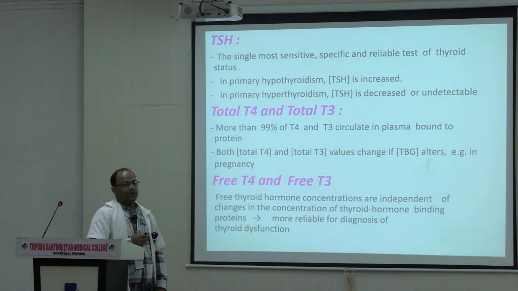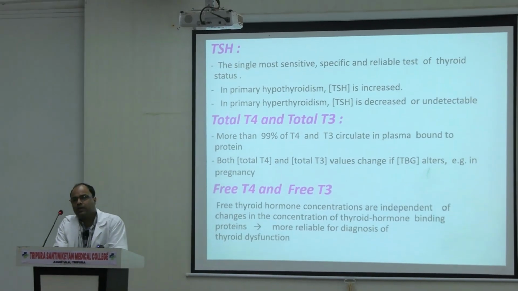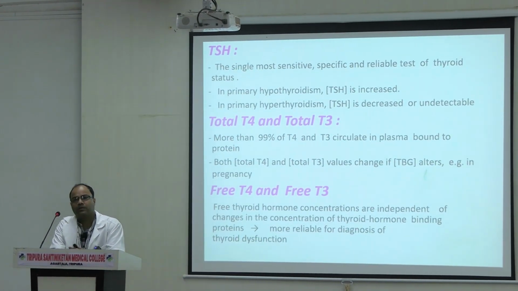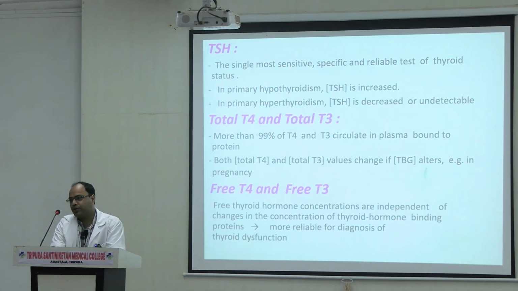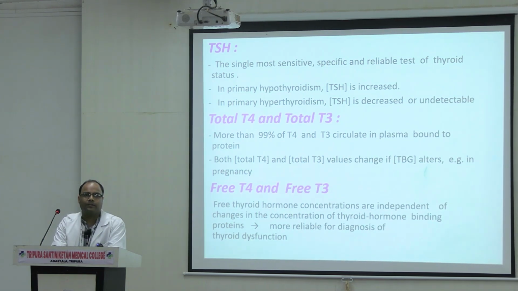This is the reason TSH is nowadays taken for screening of thyroid status. Sometimes a poor patient comes to you. You don't have to write everything. Just write one thing, TSH, because this is the most sensitive and specific test.